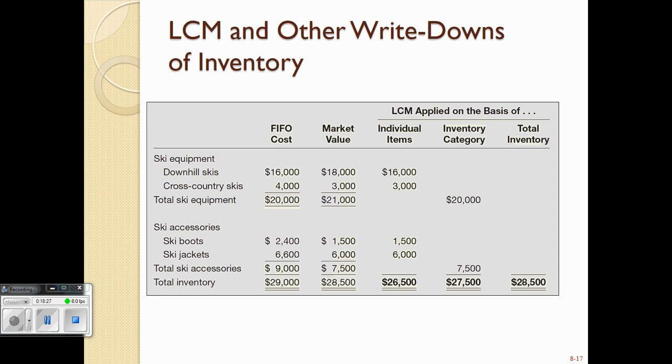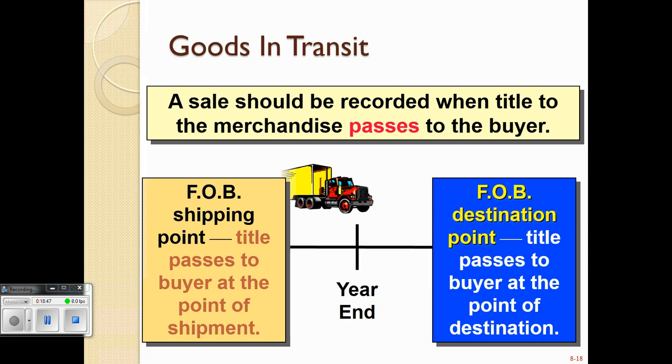Only 3 grand. So in that case, they marked them down. You can see here there are some different ways to do that. You can do it based upon individual items or a category, what have you, but you can mark items down in the event they've gone down in price. You cannot mark items up.